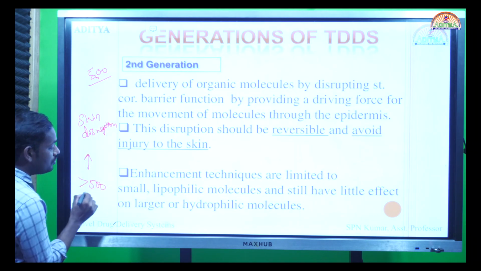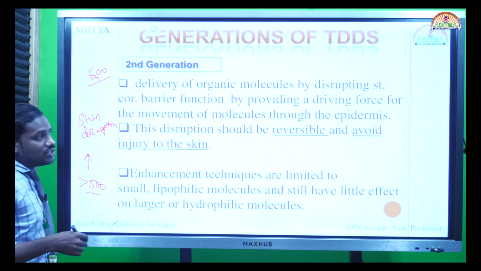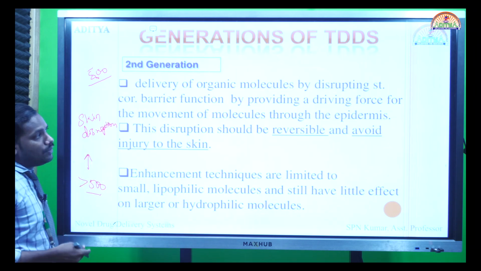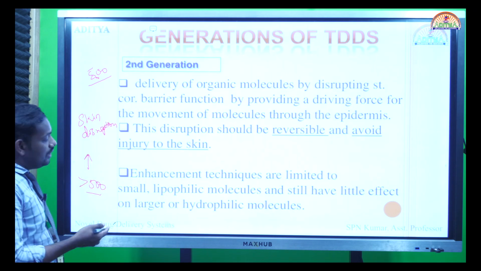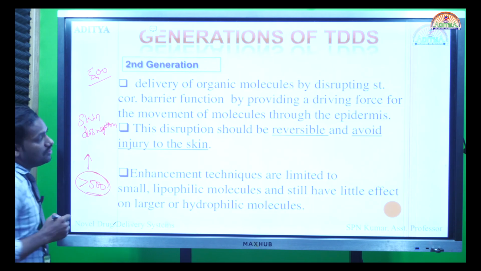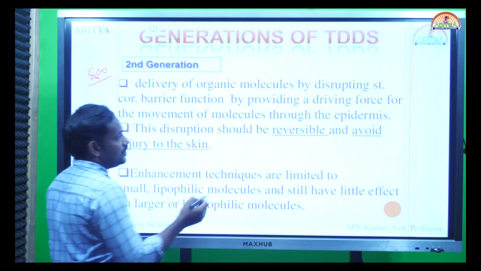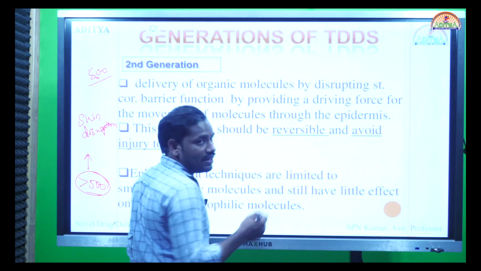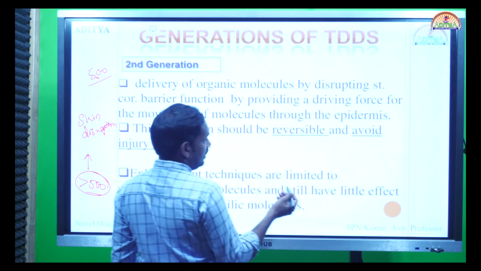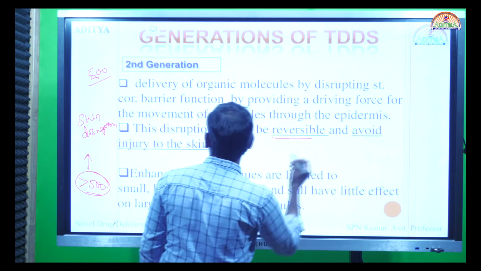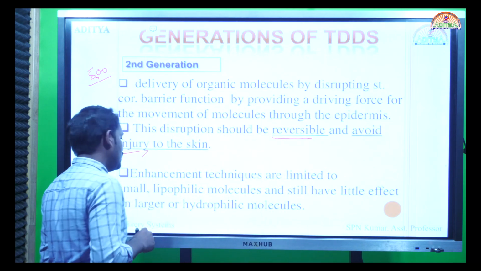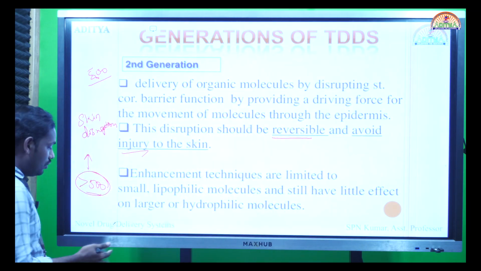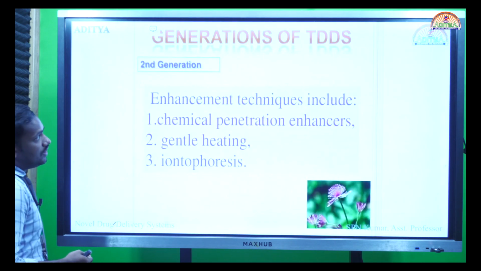Then we can use the second and third generation patches, where skin disruption facilitates the delivery of higher molecular weight drugs. This disruption, whatever mechanism we use, either electrical or heating, should be reversible and should avoid permanent injury to the skin. These things should allow better release of the drug into the skin.